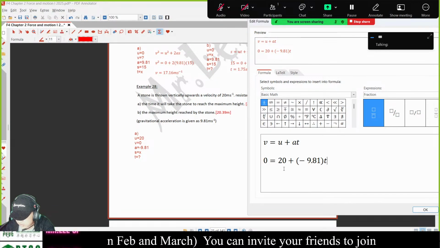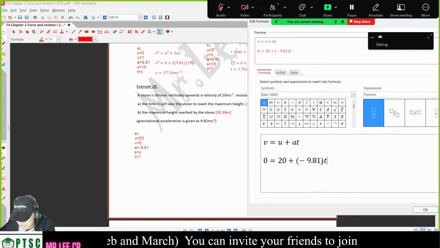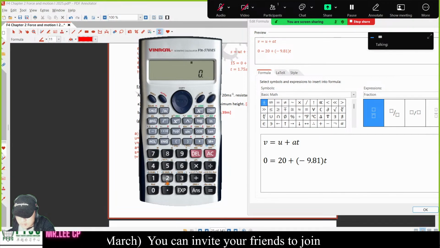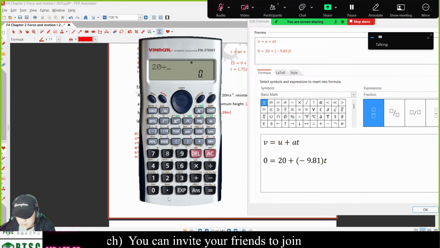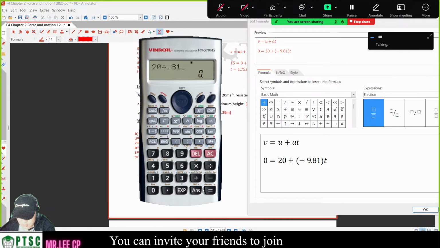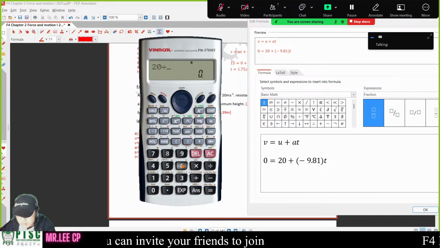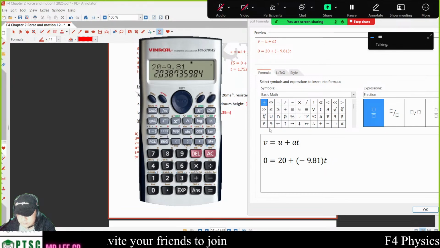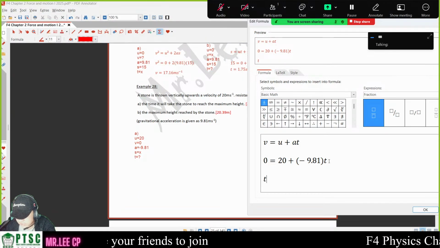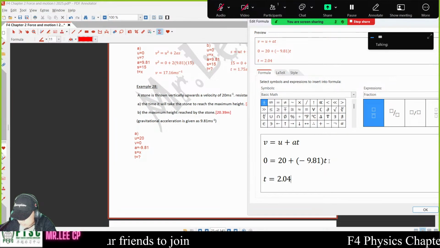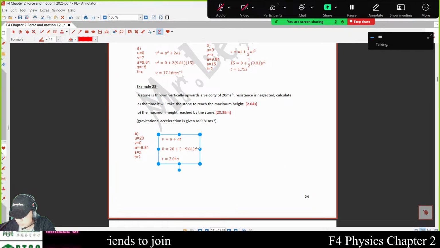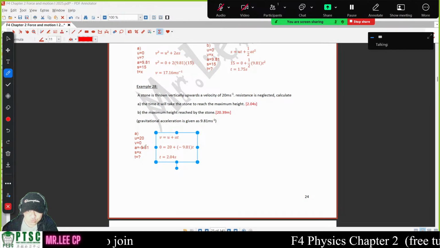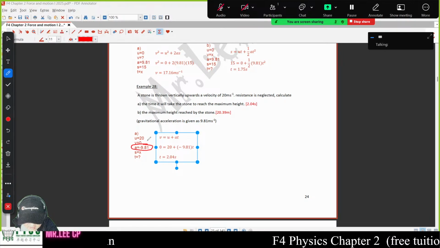Negative and negative cancel. Negative 20 divided by negative 9.81, you will get 2.04 seconds.